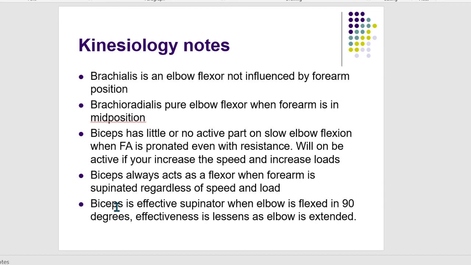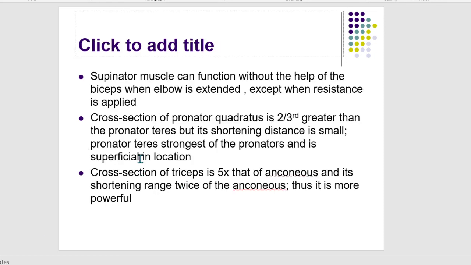When you try to pronate and supinate, it is the rotators of the shoulder that will do that movement. Even if you try it now, extend your elbow, put your arms forward, and try to pronate and supinate. You will observe that the movement occurs in the shoulder. It is not in the elbow. So the supinator muscle can function without the help of the biceps when the elbow is extended, except when resistance is applied.